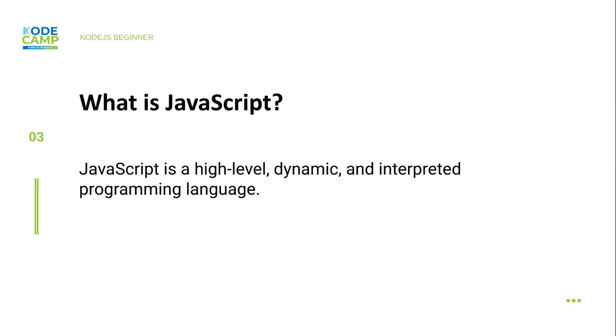So we have interpreted languages and we have compiled languages. Again, we can put C++ and JavaScript side by side and compare them. Now, if you're executing something with C++, this is just a high level example.